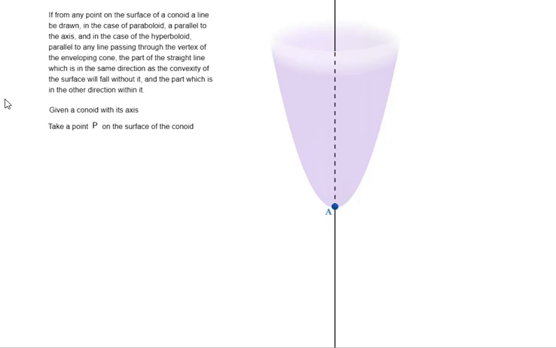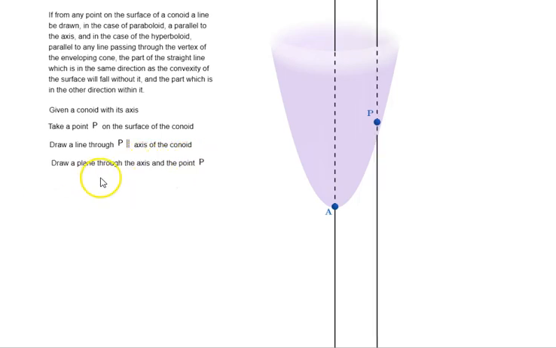Now take a point P on the surface of the conoid. Draw a line through P parallel to the axis of the conoid. Draw a plane through the axis and the point P. So this plane is passing through P and through the axis.